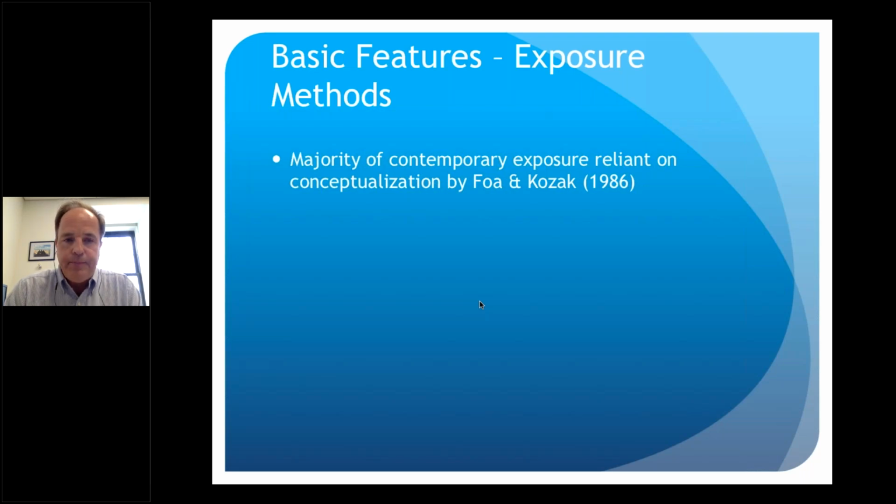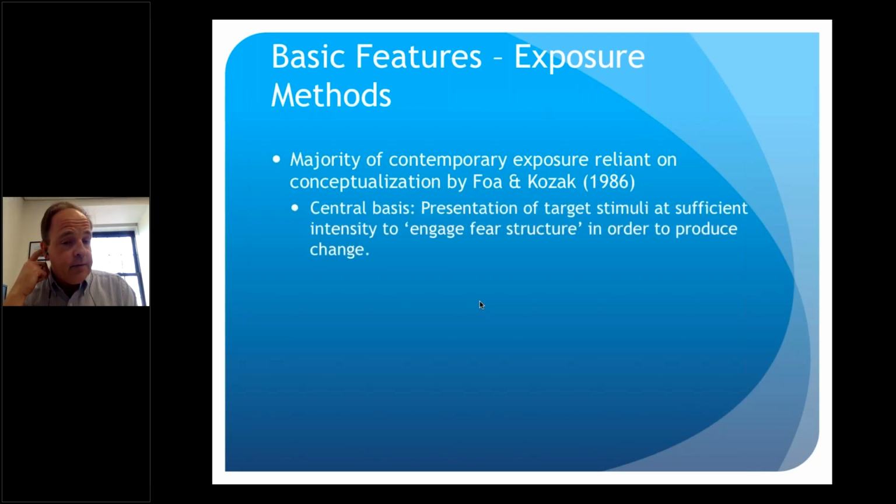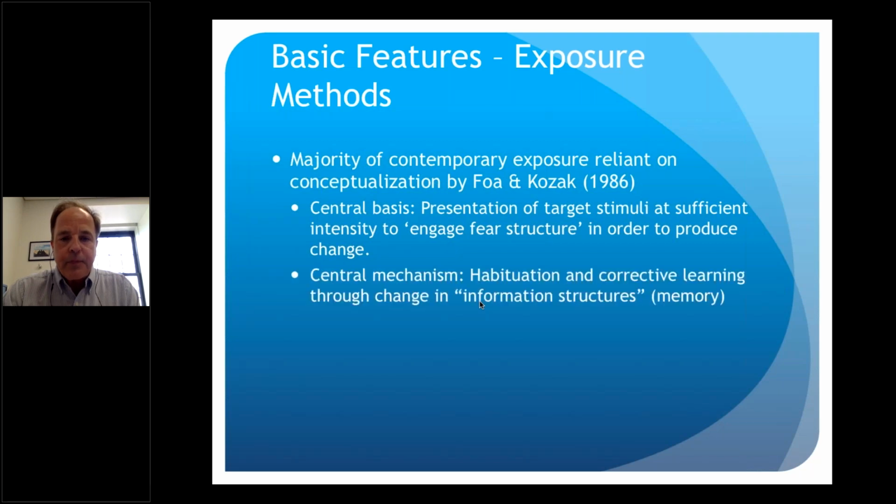of emotional arousal. So the central basis of that model was to present the target stimuli at some minimum sufficient level of intensity to, as they would put it, engage the fear structure that would lead to change. And the central mechanism at work was considered to be habituation and corrective learning through, in their words, a change in the information structures that set the stage for avoidance and the perpetuation of fear.